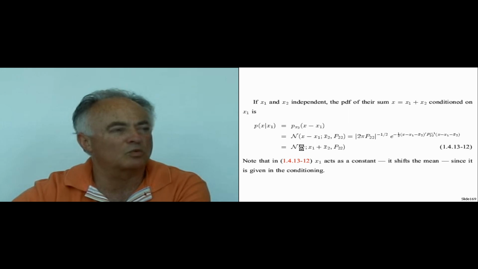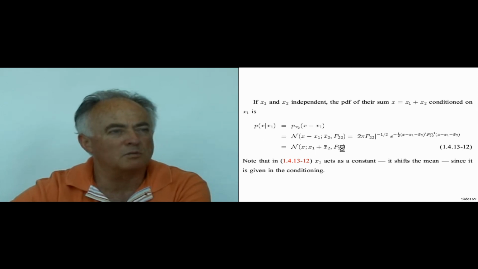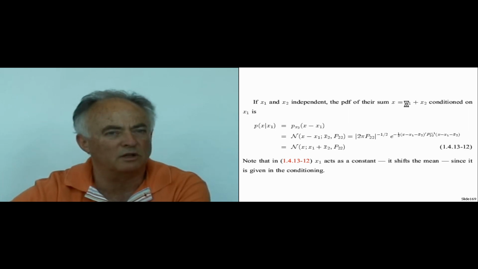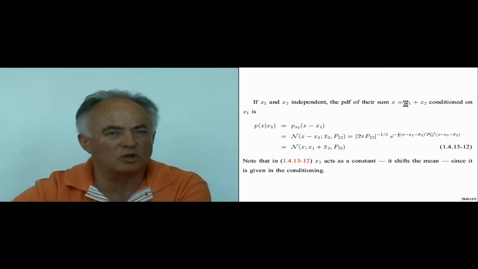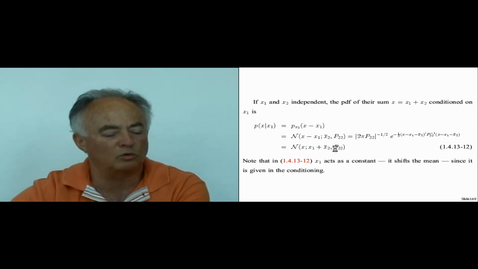The mean is x1 plus x2 bar, and the covariance is P22. But that's very simply seen by simple inspection, that if x is x1 plus x2, the PDF of x given x1 is just take whatever randomness you have about x2, add to it the constant x1. What the constant does is shift the mean. Because it's a constant, it does not have any impact on the covariance matrix. That's why we still have the same P22 as before.